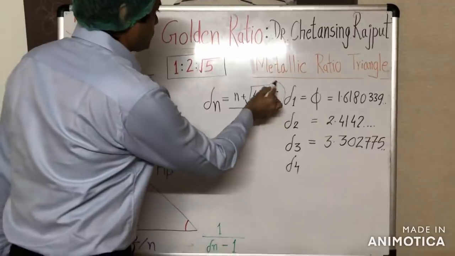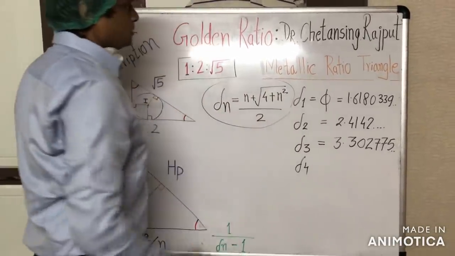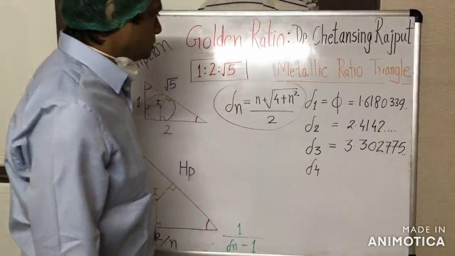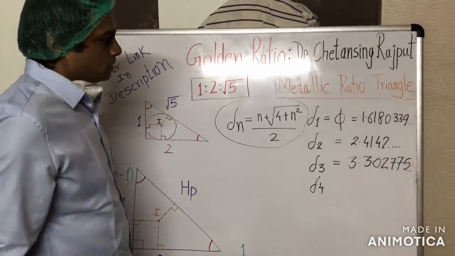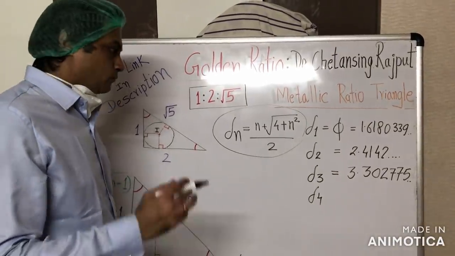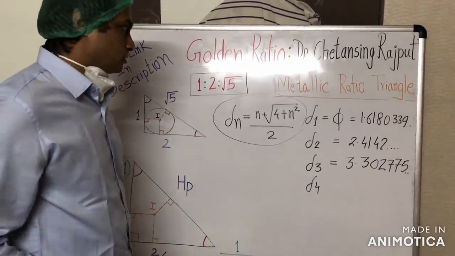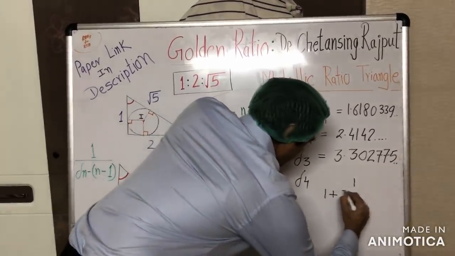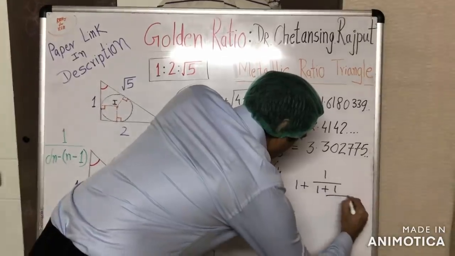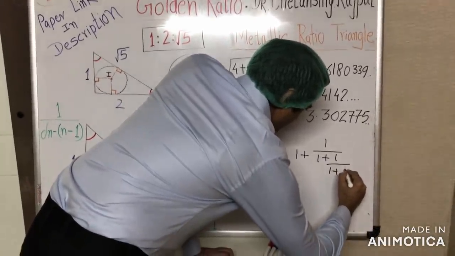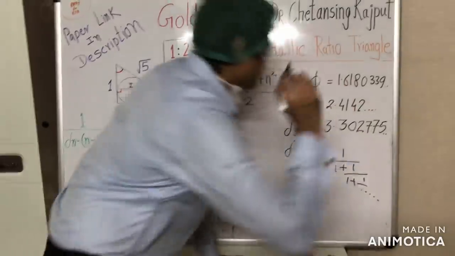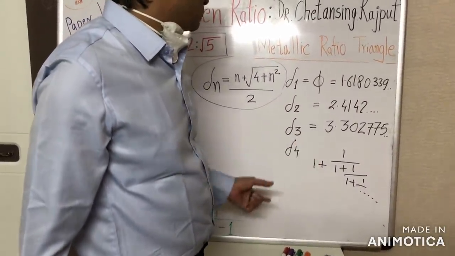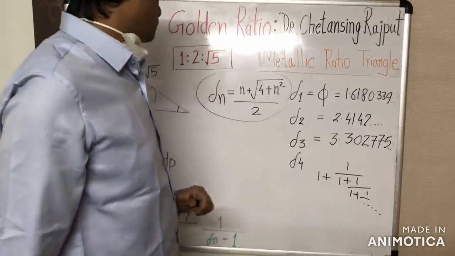A well-known formula to determine the precise value of any metallic ratio. These metallic ratios are also expressed in form of continued fraction. Continued fraction for golden ratio is like 1 plus 1 upon 1 plus 1 upon 1 plus 1 upon and so on. And in similar way, there are continued fraction expressions for other ratios also.